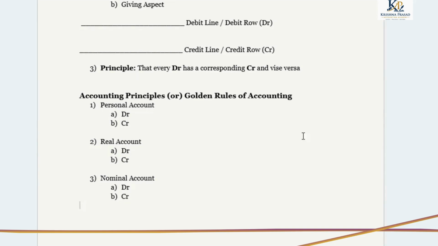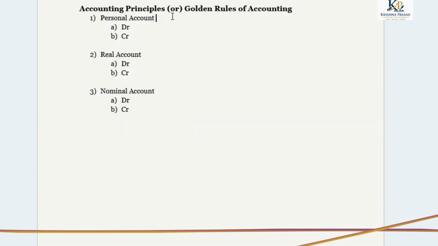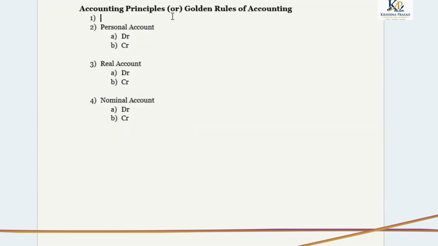So coming to that, what should be recorded? Coming to the personal account. Personal account means completely related to names, whether it is a person's name or an artificial name, any name. If you hear a name, definitely it comes under personal account.